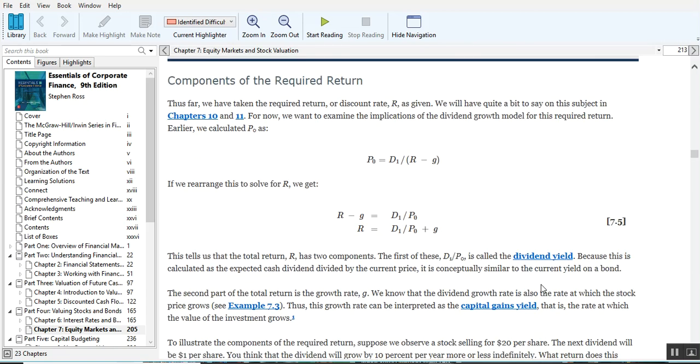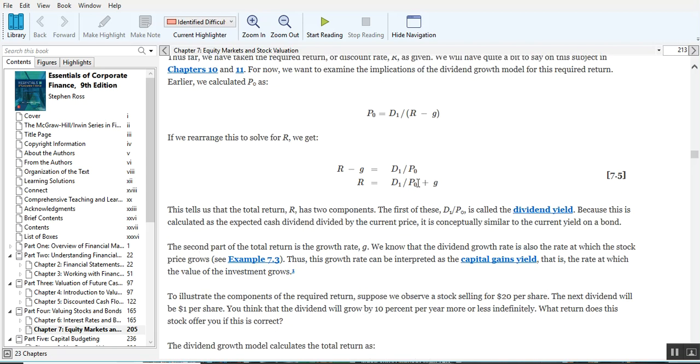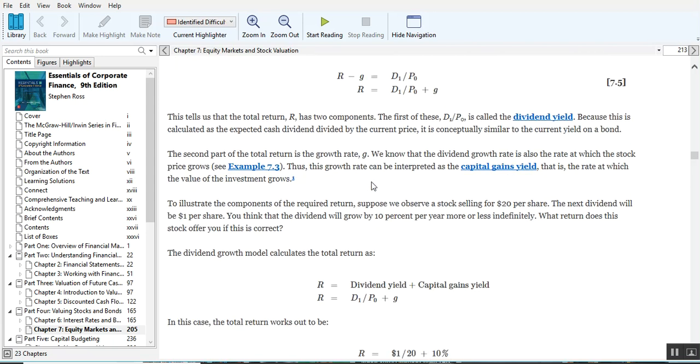So, what are the components of the required rate of return? Well, we've talked about it like it was a fixed thing, and it's not necessarily. We can actually solve for the required rate of return if we look at the dividend divided by the price in the current year plus the growth rate. That will give us the required rate of return.